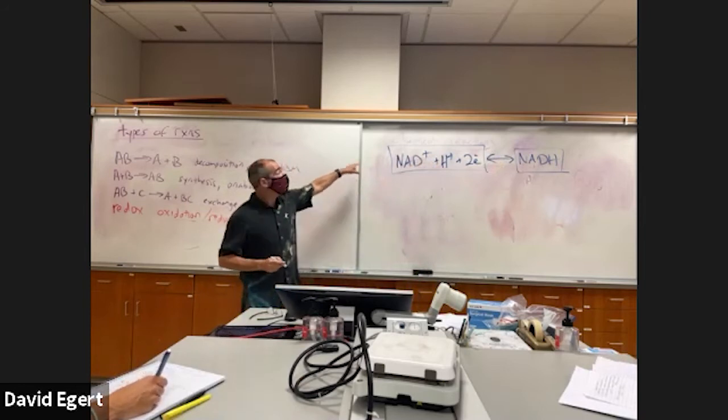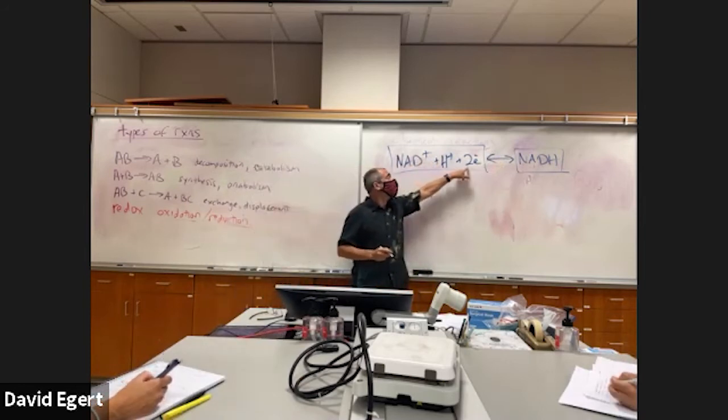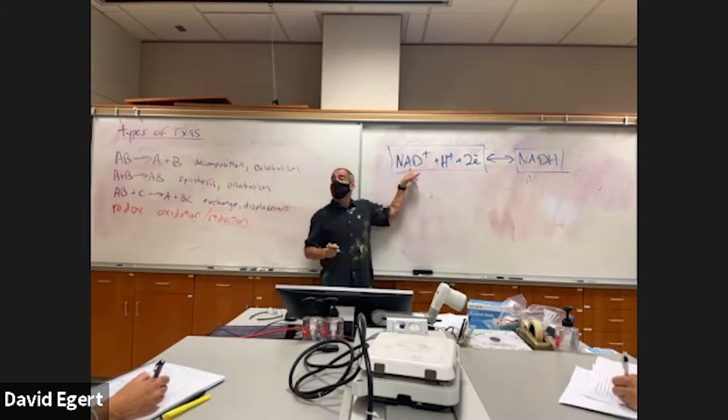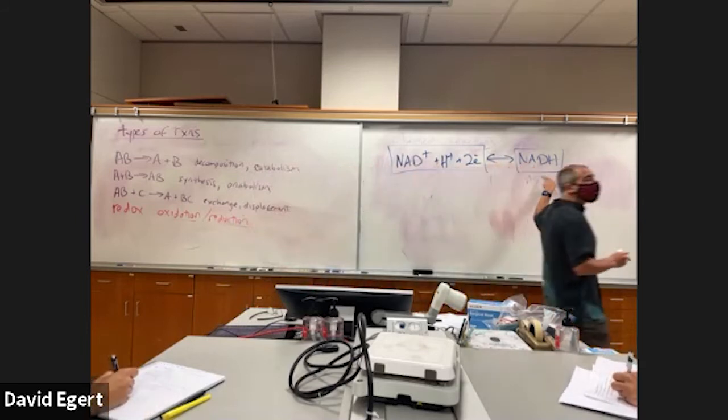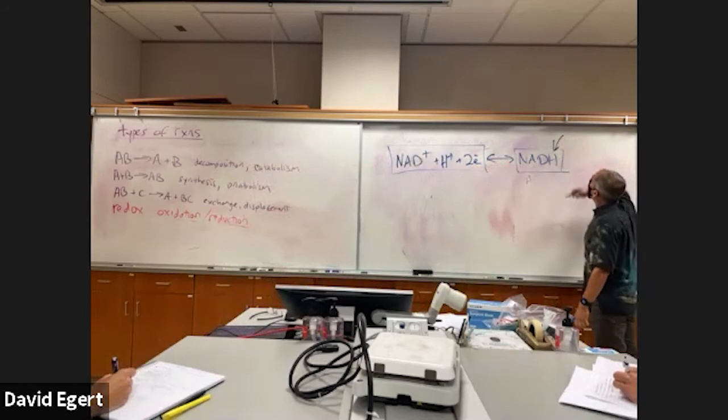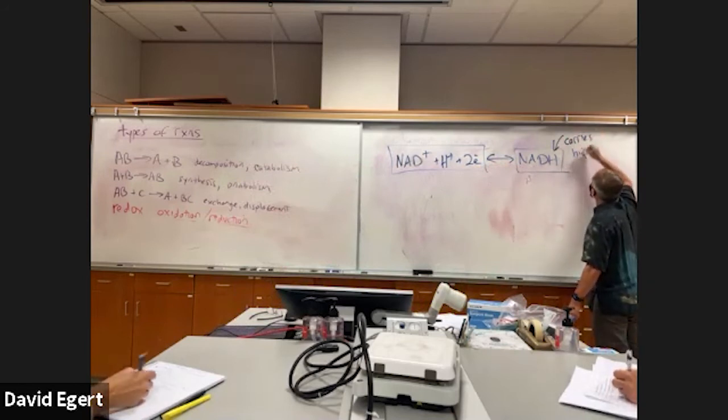We can take this NAD plus and reduce it by adding 2 electrons to create NADH, which carries high energy electrons.